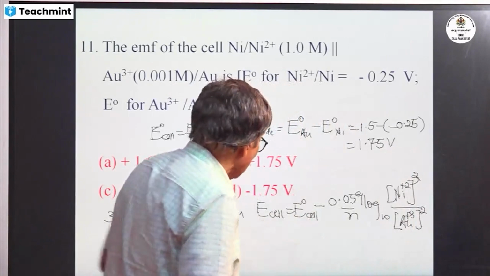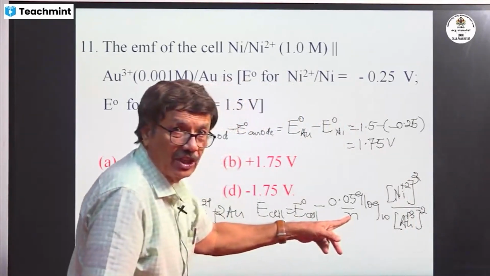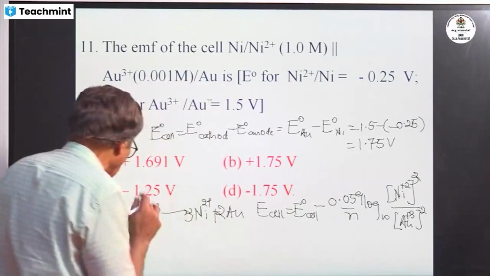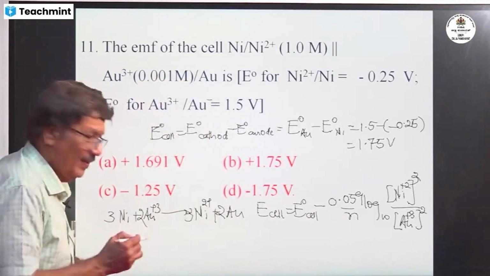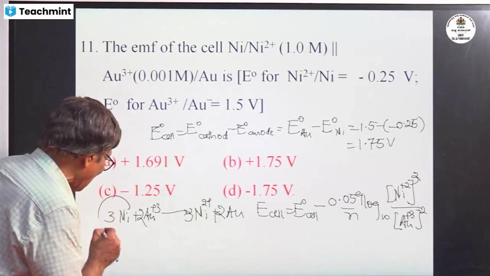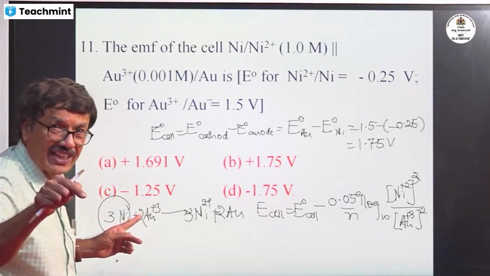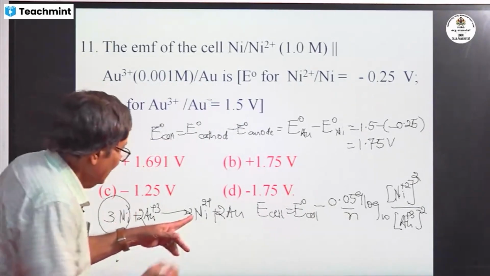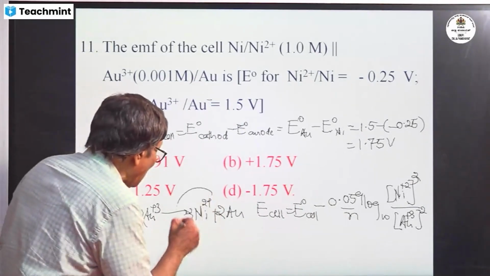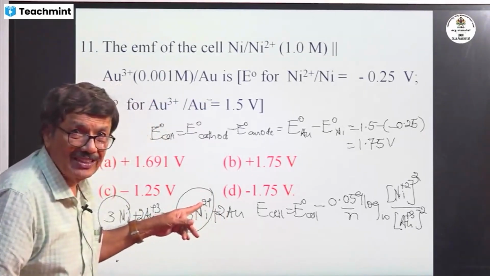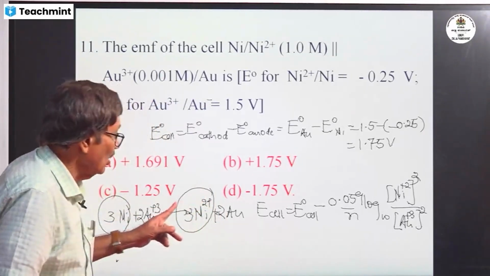Now I shall tell you how to find out the value of n. For calculating n, stick to any one species. Nickel, fine, total 3 Ni. What is the charge? 0, because any atom in its free state has 0. Then 3 Ni plus 2, that is 3 into 2, which is 6. Here it is 0, so the difference is 6.